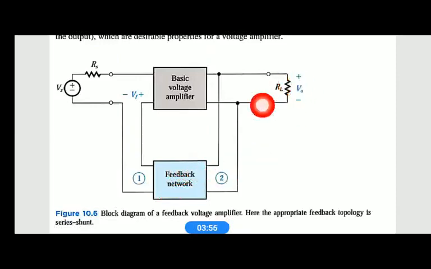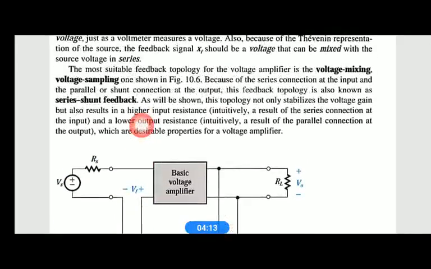The sampled output voltage, which we take as the feedback voltage Vf, is connected in series with the Vs here. Therefore this topology we also call series-shunt feedback. Series at its input and shunt at its output.